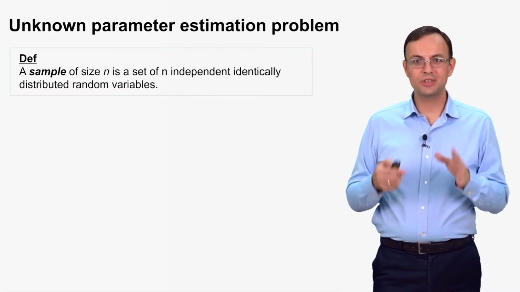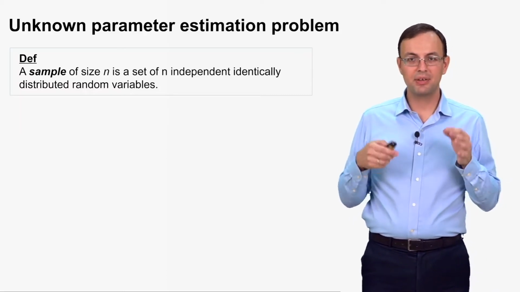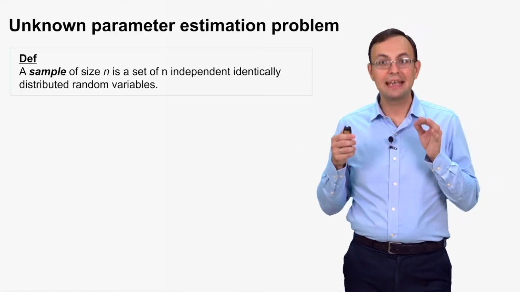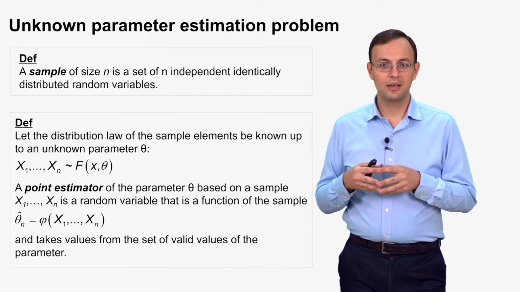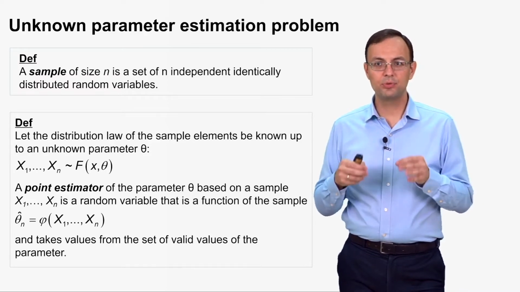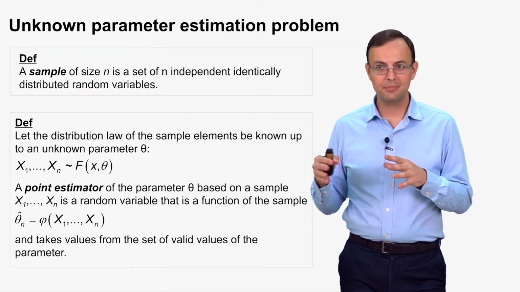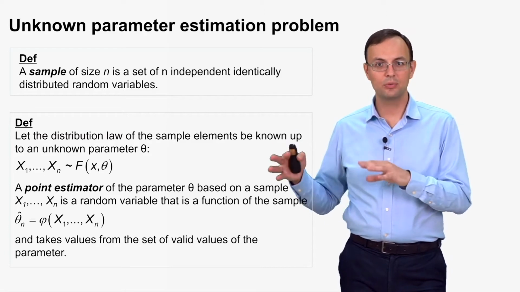After we know what the sample is, let's mathematically define what an estimator is. Let the distribution law of the sample elements be known up to an unknown parameter.